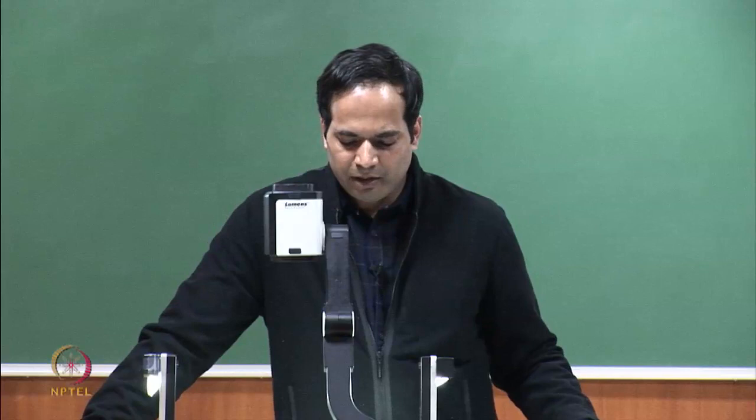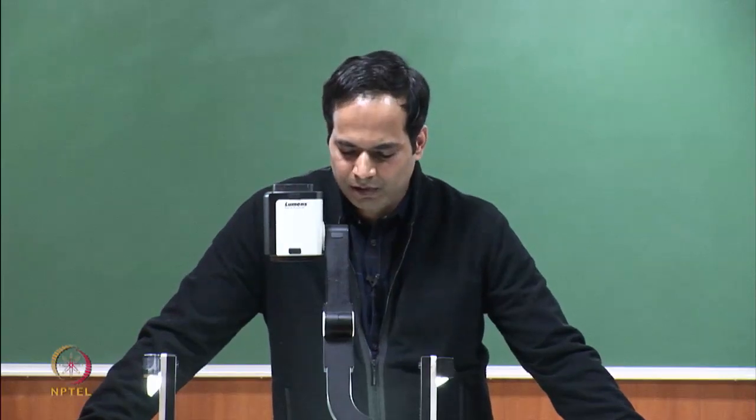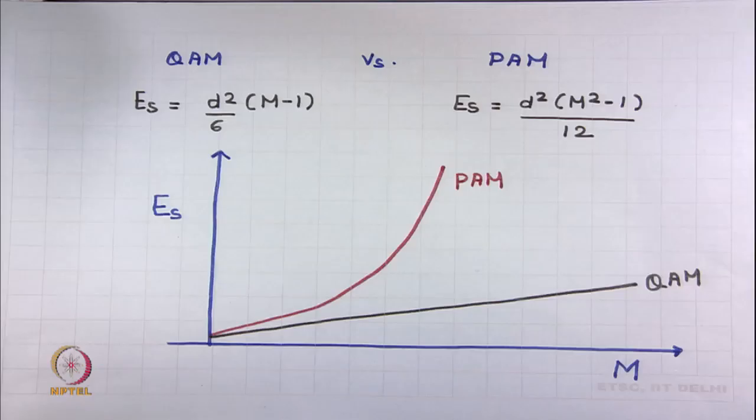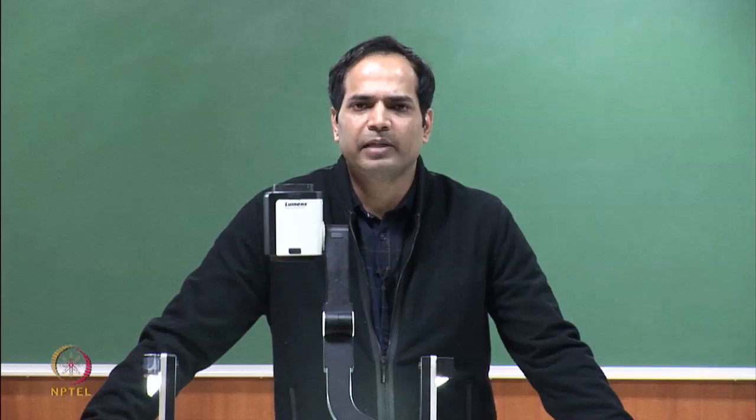So, let me try to summarize this lecture by presenting the key ideas that we have developed today. One thing that we have said about PAM and QAM is that PAM restrains itself to having real symbols. What happens to this PAM when we do this baseband to passband conversion using ideas like double sideband modulation scheme? There is a bandwidth inflation by a factor 2.